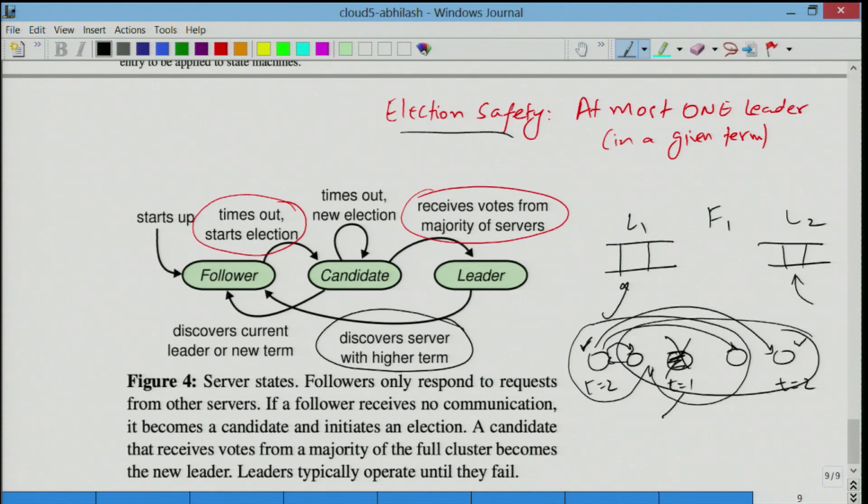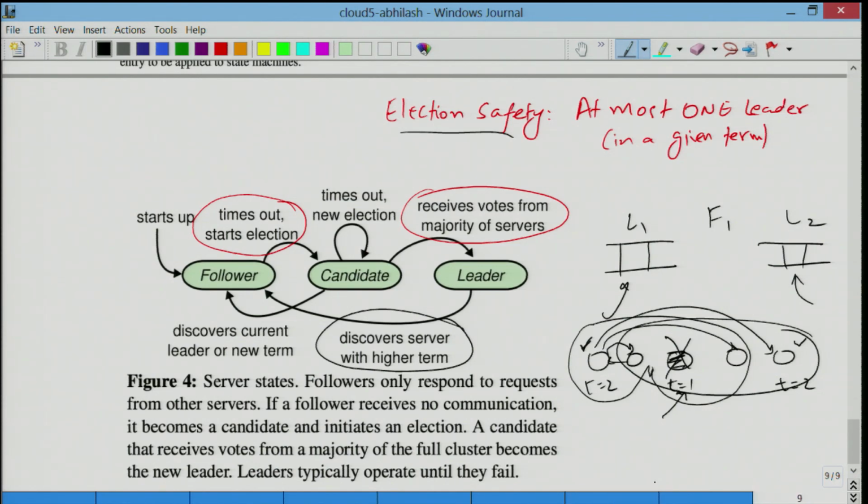Because it was leader for term 1, and it will realize that voting has started for term 2. So it will just act like a follower and give votes. And for election safety, suppose one of the followers is not responding, then there might be two possible groups of followers that could achieve majority, two possible candidates.